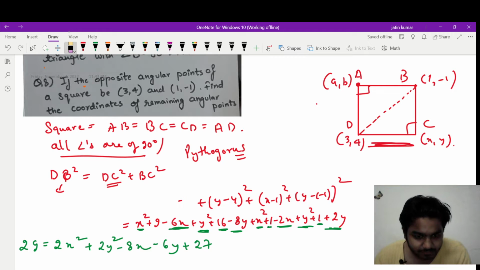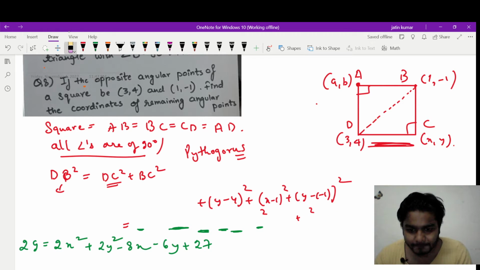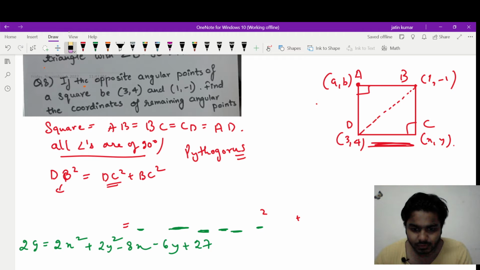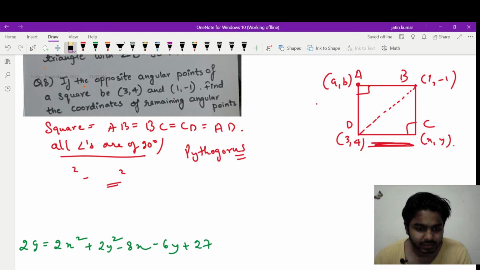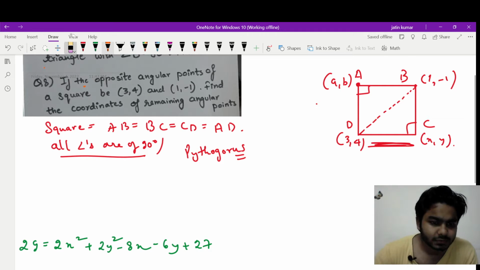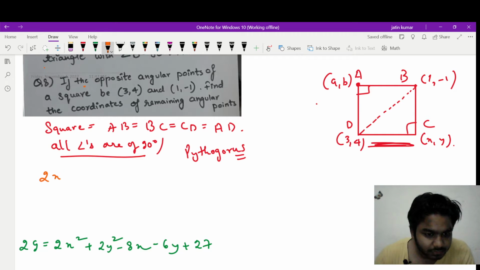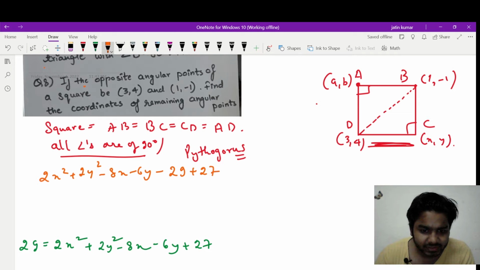So can I rub it now? Yes, we can rub it. Let me remove this also. So we have got 2x square plus 2y square minus 8x minus 6y minus 29 plus 27. Can I write directly minus 2?